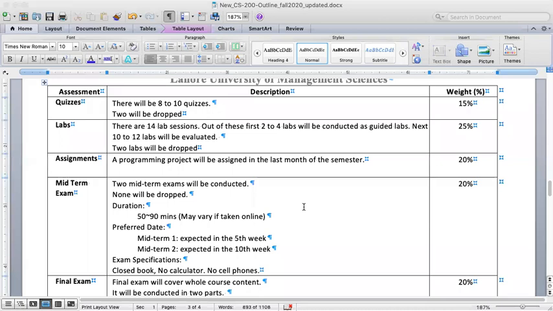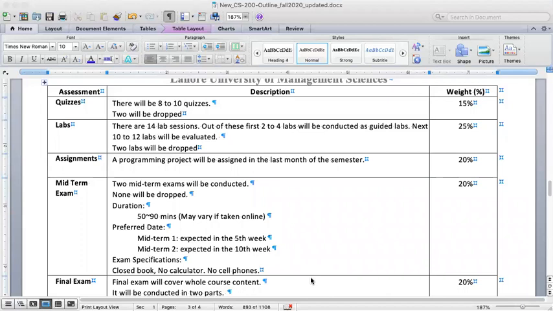Labs, there would be in total 14 sessions, so the number of labs that we'll have is 14, and some of those labs would be guided labs, or they would be practice labs.